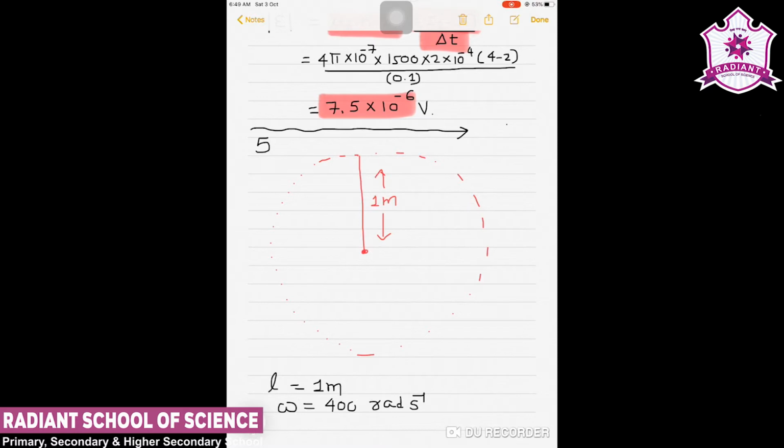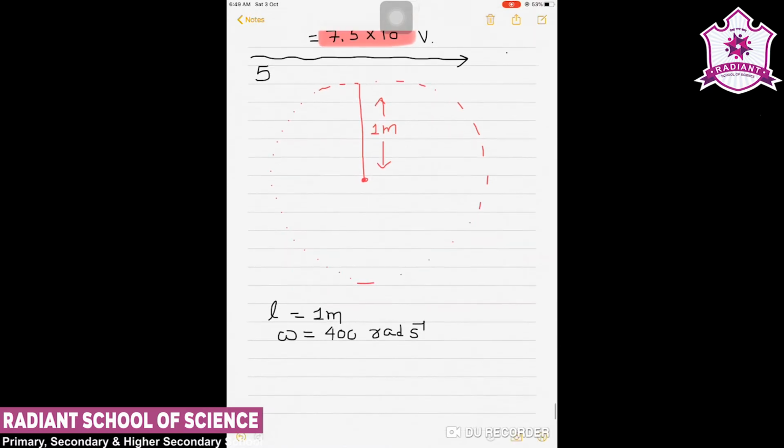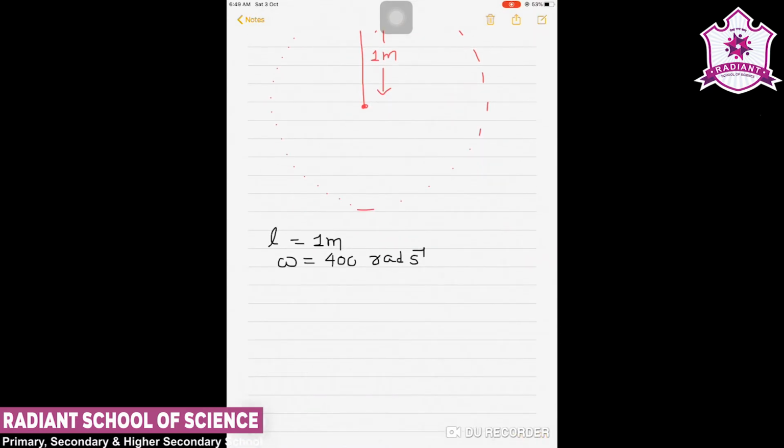A constant and uniform field of 0.5 Tesla. So we are also provided the magnetic field, that is B, that is 0.5 Tesla. The other end of the rod is in contact with a circular metallic ring.